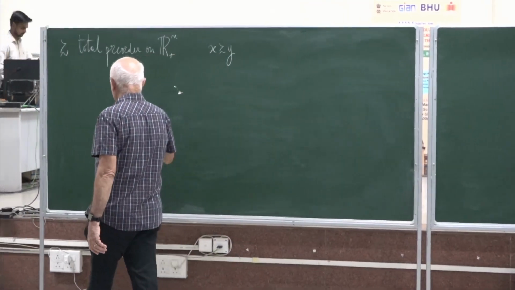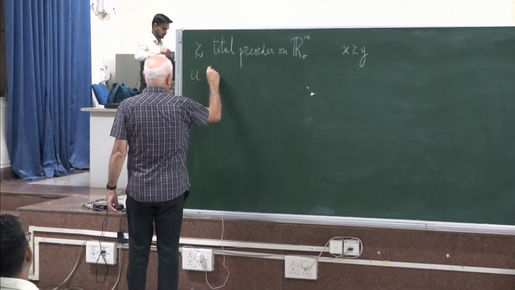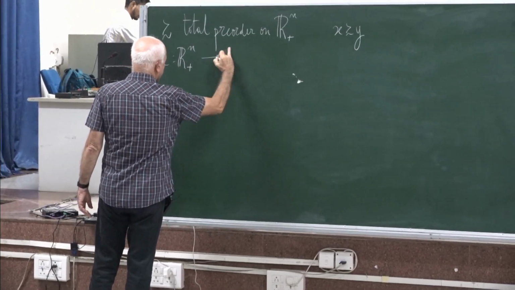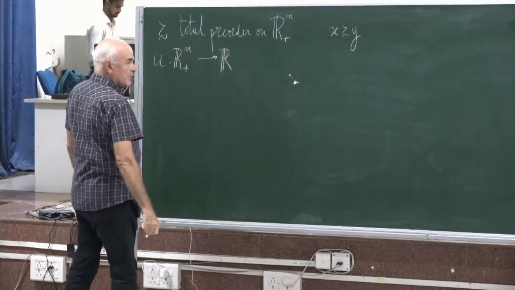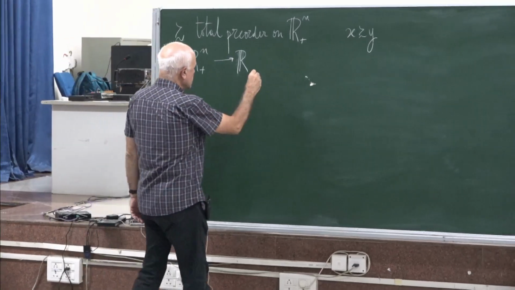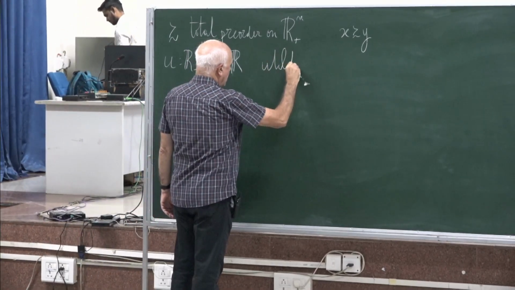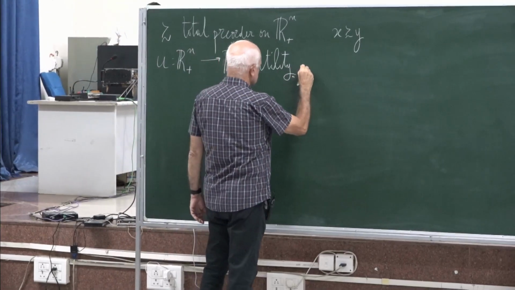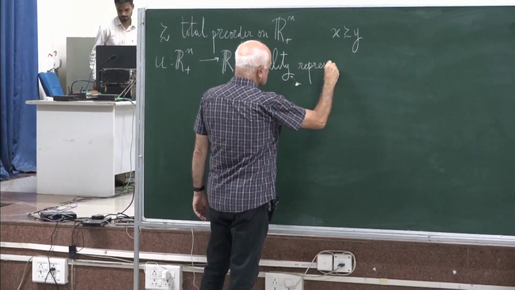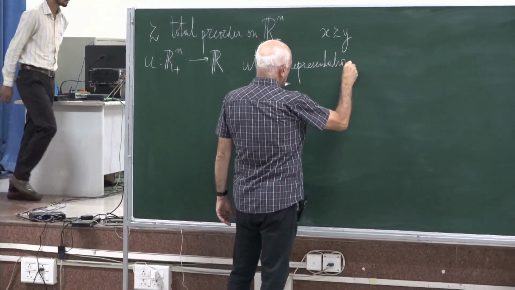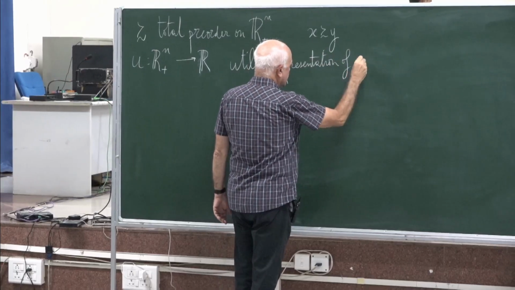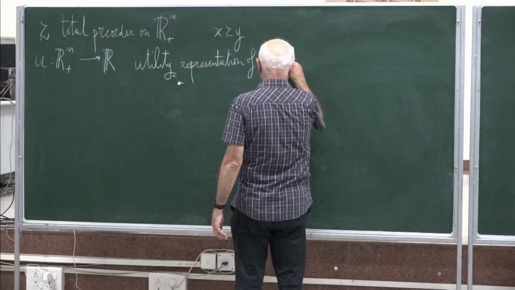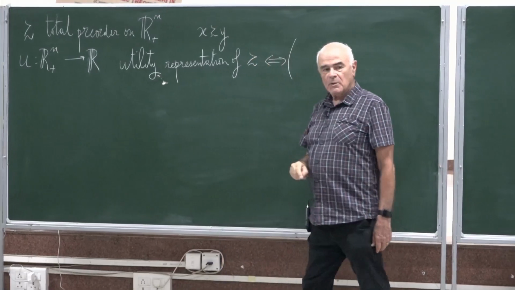So we say that U from R plus N into R is a utility function, a utility representation of the pre-order if the following equivalence holds true.